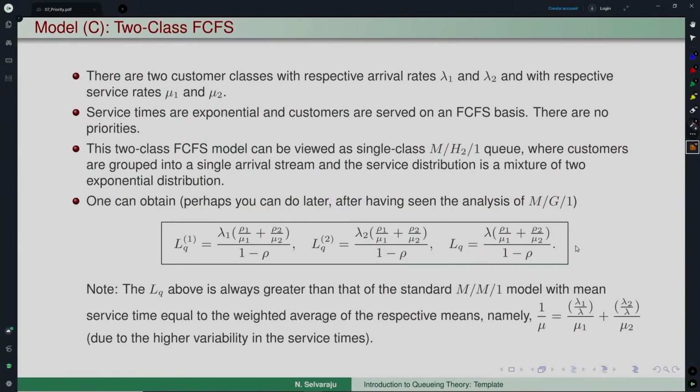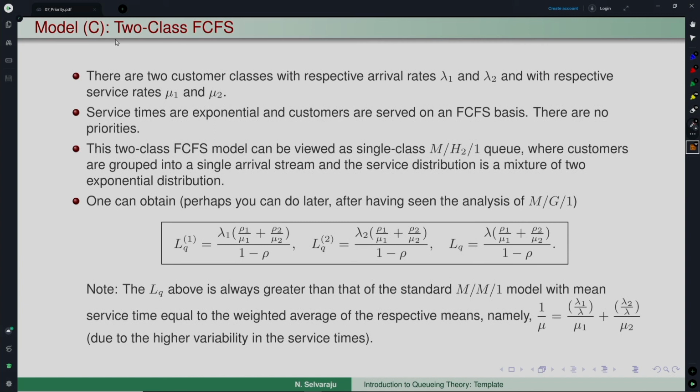Now, let us consider another model, model C. Here we have two customer classes, okay, with respective arrival rates lambda 1 and lambda 2, and with respective service rates mu 1 and mu 2. Service times are exponential, and now customers are served on an FCFS basis, meaning there is no priority here that we are imposing in this situation, right.